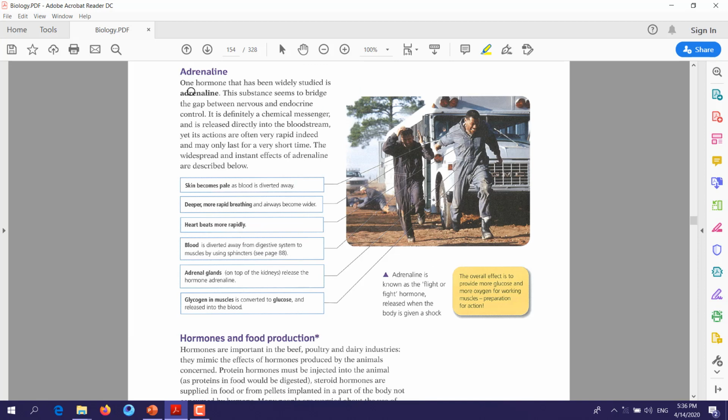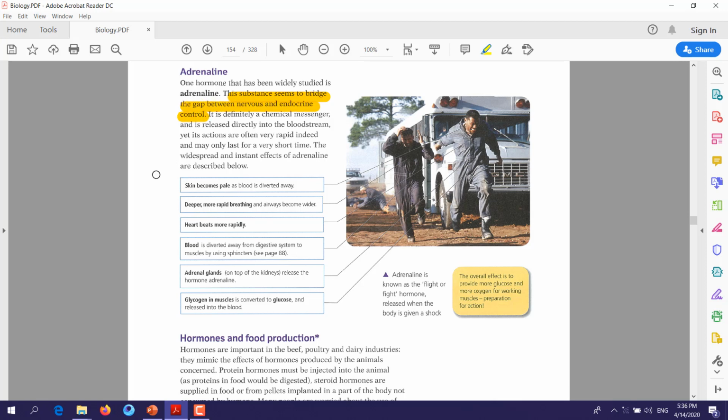Adrenaline is one hormone that has been widely studied. They mostly study this hormone because this substance seems to bridge the gap between nervous and endocrine controls.